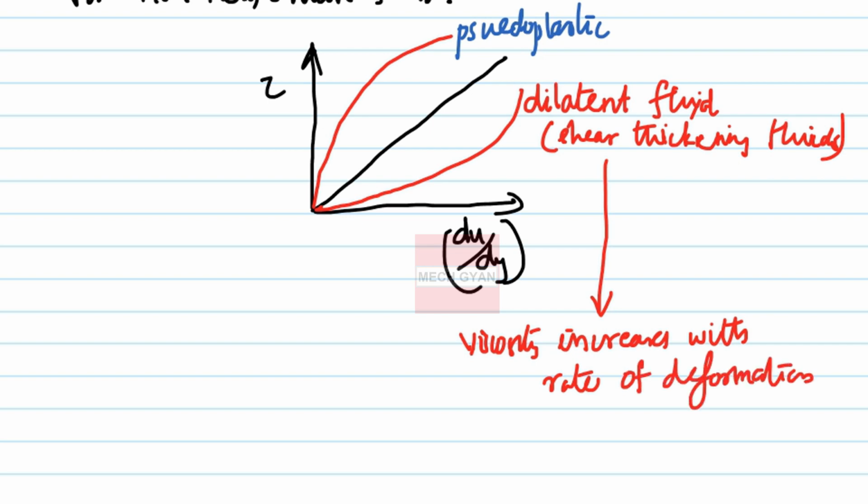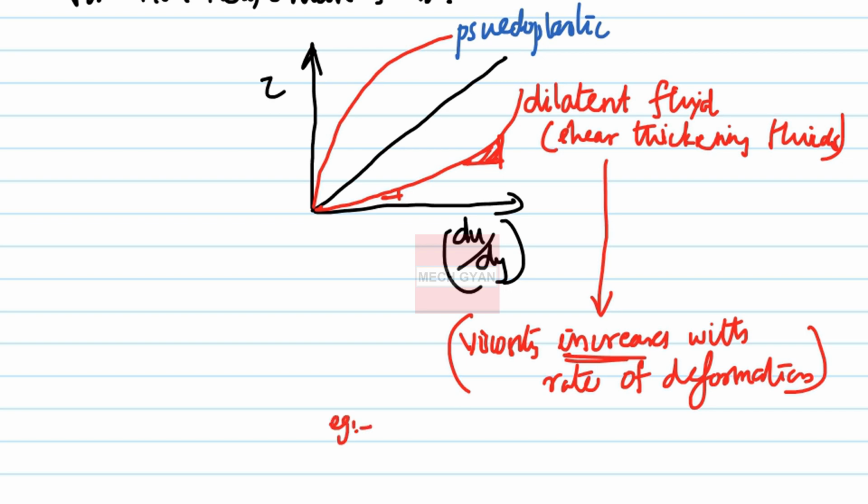You can see that the slope here is less, and as the rate of deformation increases, the viscosity increases. Hence these fluids are known as shear thickening fluids.